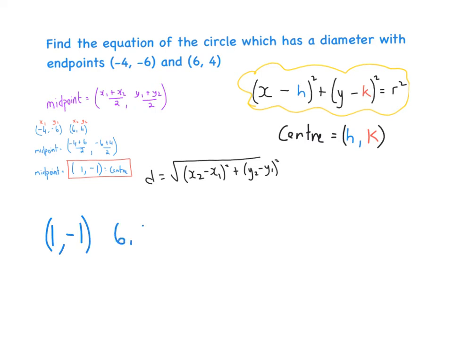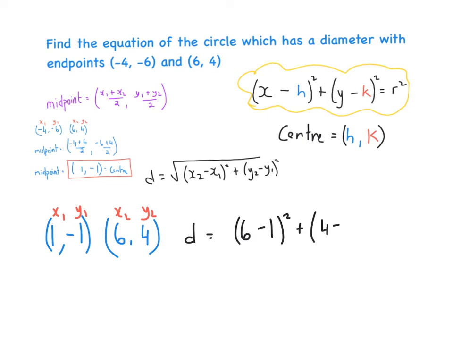So we might go to the point 6, 4 and label them again, x1, y1, x2, y2, and that is going to give us then a distance of d is equal to, so 6 minus 1 all to be squared plus y2 is 4 minus minus 1 all to be squared, and it's the square root of all of that.